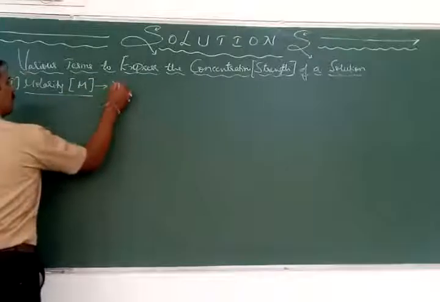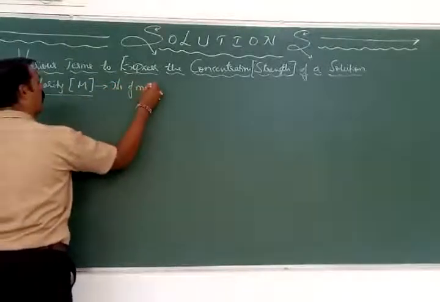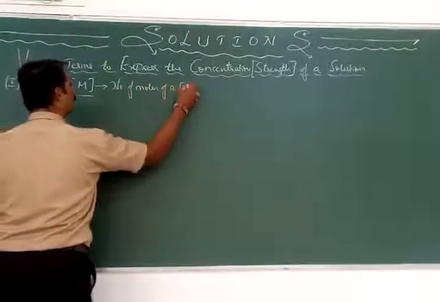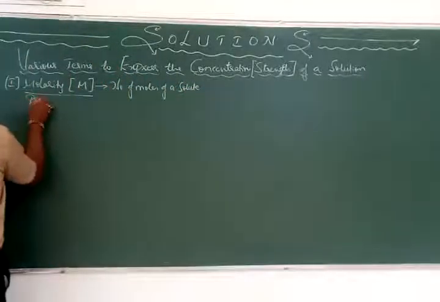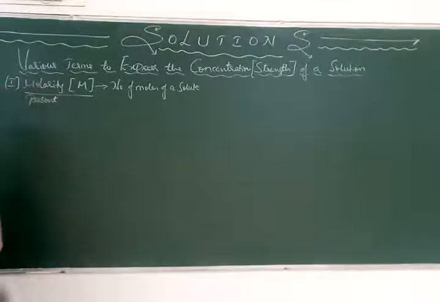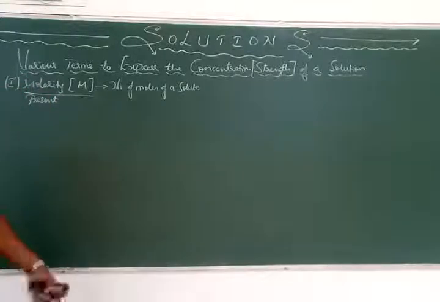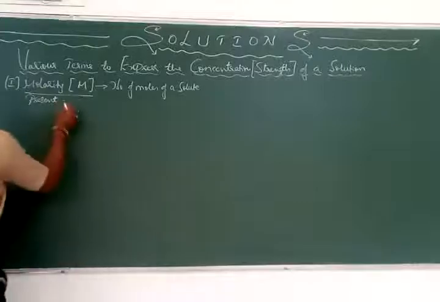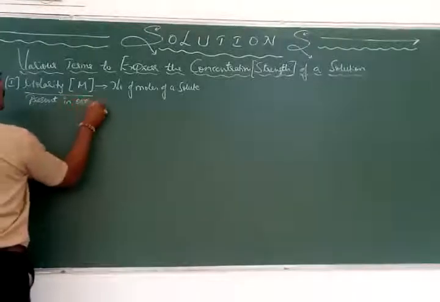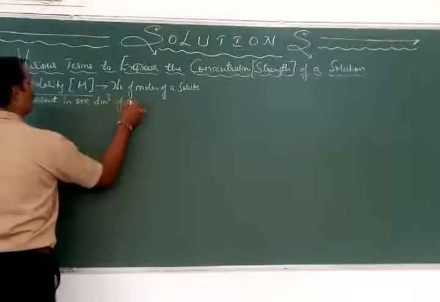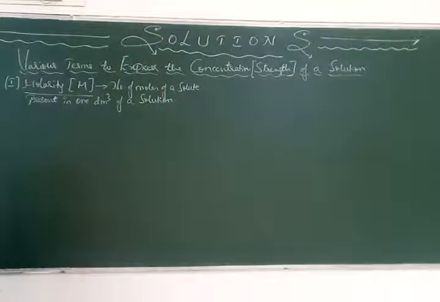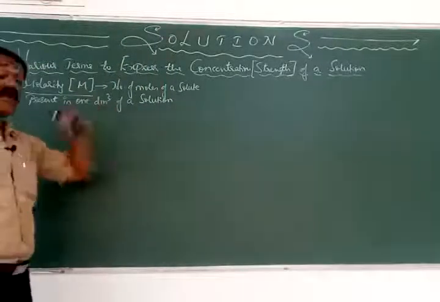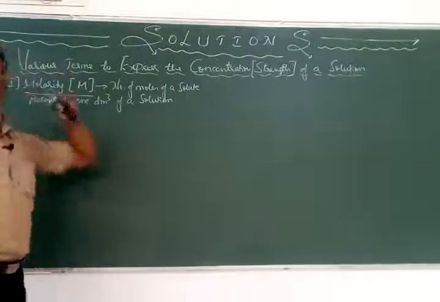It is the number of moles of a solute that has been present, or sometimes we use the word dissolved also, in 1 dm cube of the solution. It is not the solvent here, it is present in 1 dm cube of the respective solution, and it is called molarity.